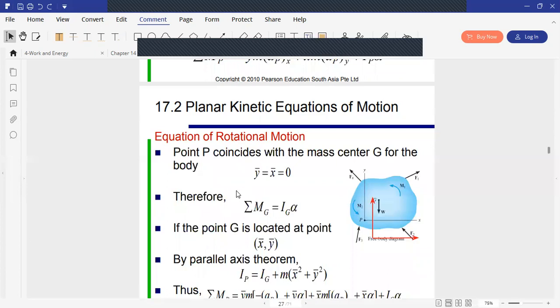I am explaining for you where the relation comes from, but you are not supposed to know the derivation.